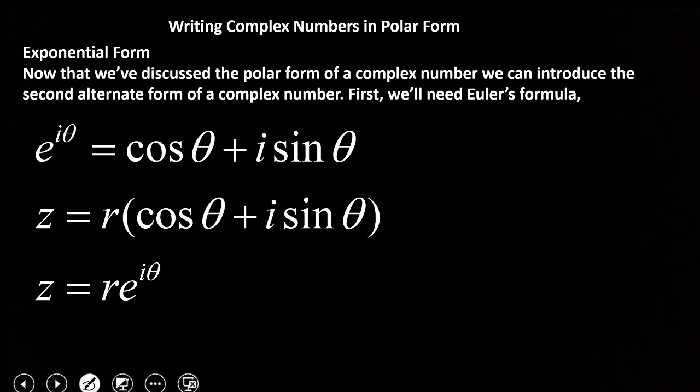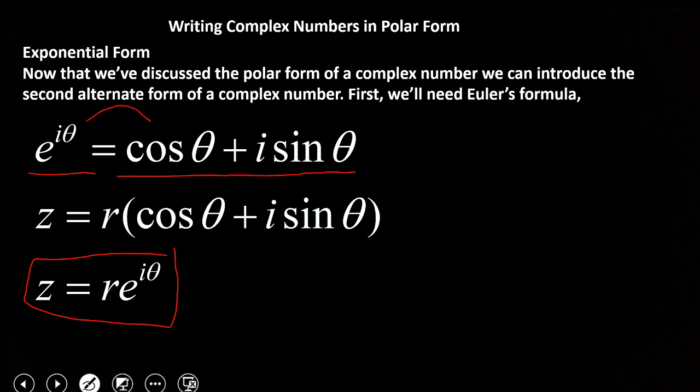All right, now another form for complex numbers that is very useful and is used in many engineering fields is this form right here. Now, exponential form of a complex number. First of all, this right here is called Euler's formula. In Calculus 2, you can learn the proof of this.